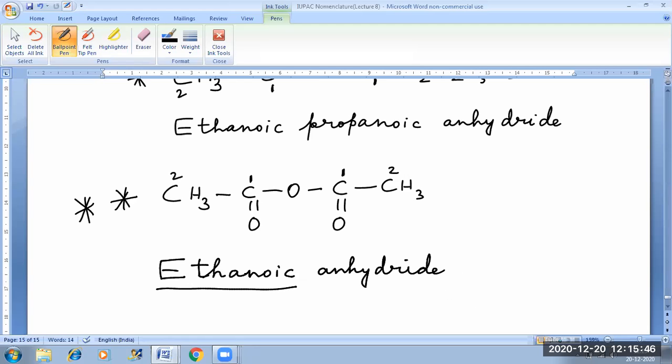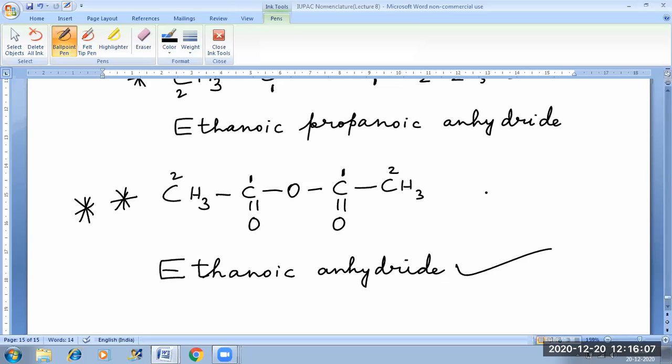Why? Because it is identical on both sides. So no di or something like that. Kindly don't write this as diethanoic anhydride. This is not correct. It is just ethanoic anhydride.